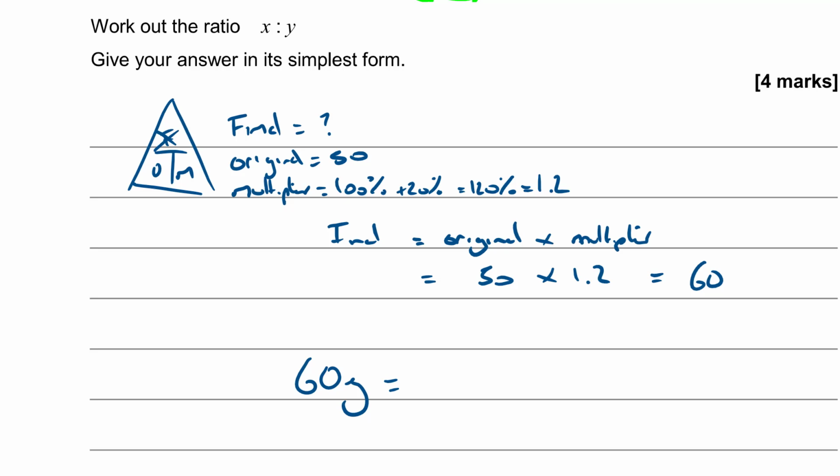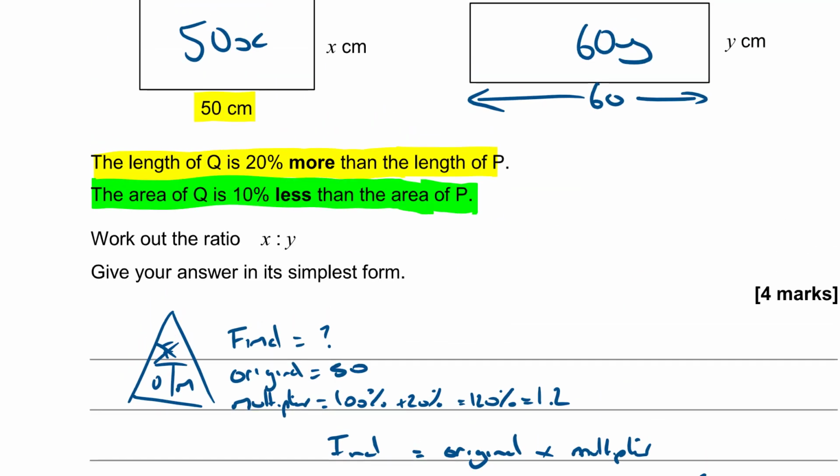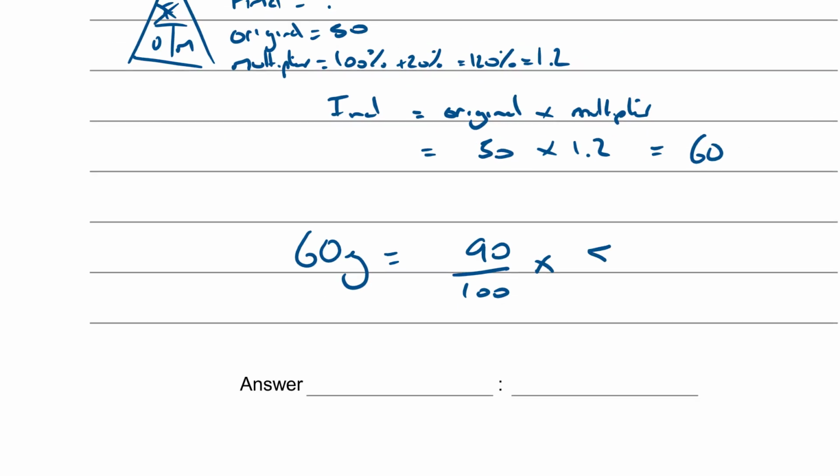So 60y has got to be 90 100ths of the area of P, which is 50x. Let's cancel that 0 with that 0 and that one with that one. So that tells me that 60y equals 9 times 5, which is 45x.